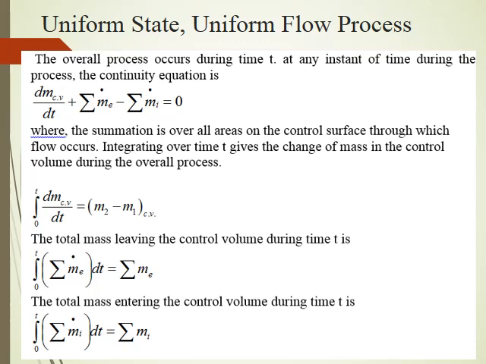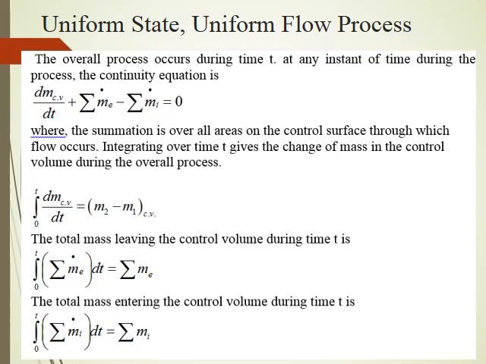Now the total mass leaving the control volume during time t can be obtained by integrating the term m dot e, because m dot e is the mass flow rate for the outgoing stream. So we integrate that, and we obtain summation of m_e.